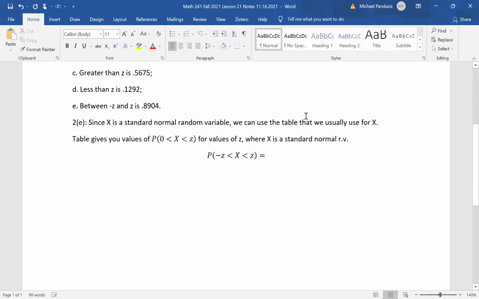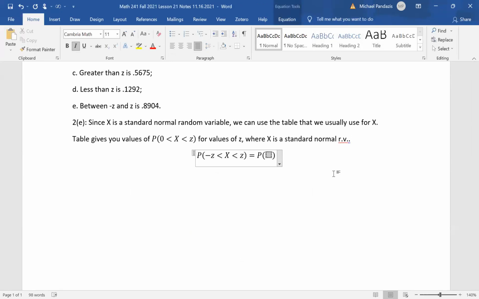R.V. is short for random variable. So we just want to change this in terms of those probabilities. This is equal to the probability that 0 is less than X less than little z plus the probability that negative little z is less than X less than 0.